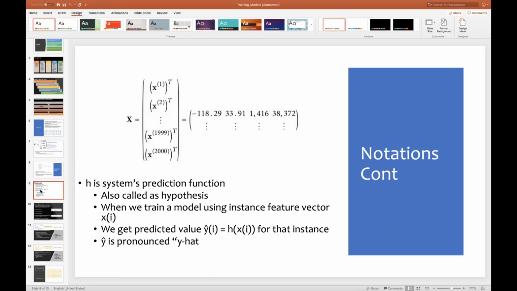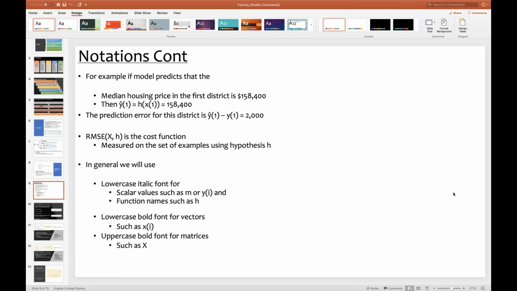Now look at this formula here. For example, if a model is predicting that median house price in the first district is $158,400, then this will be the formula: Y cap is equal to H of X of 1. So this is the first district he is talking about.